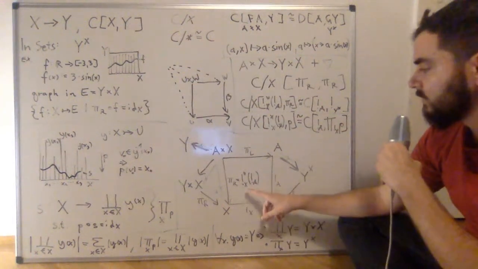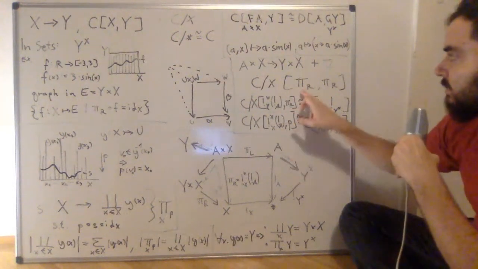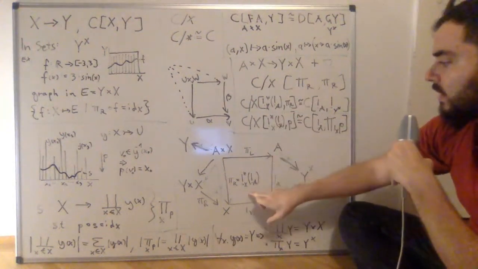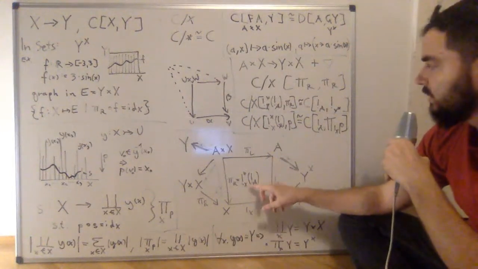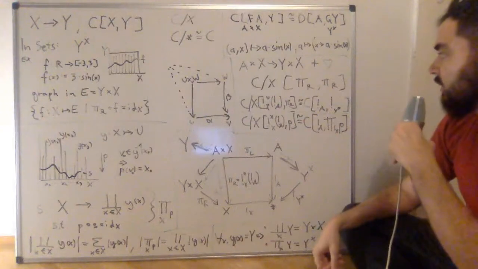And we also have that this PR, like this projection R, the way I introduced it, is this pullback of bang A along bang X, right?